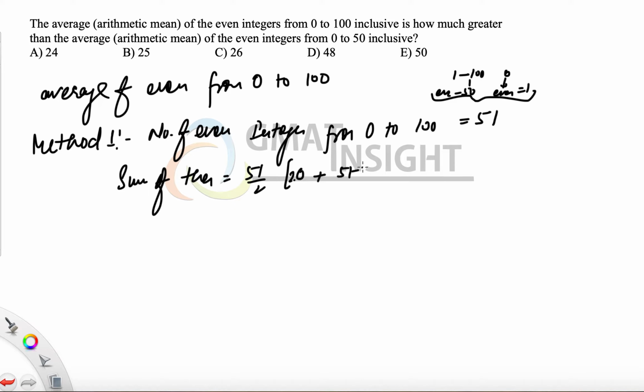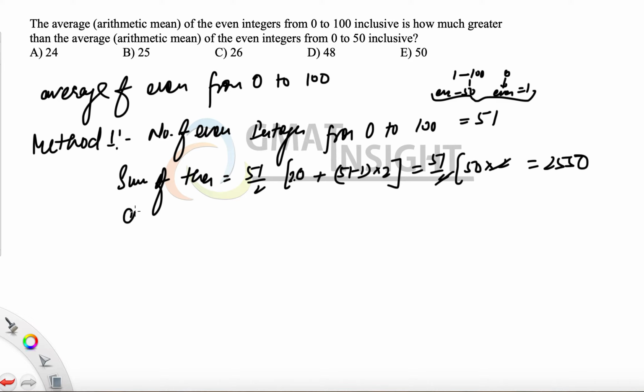That means 51 minus 1 multiplied by d, because it's an even integer series, therefore the common difference becomes 2. That becomes 51 divided by 2, times 50 multiplied by 2, and finally we get the value, which is 2550.